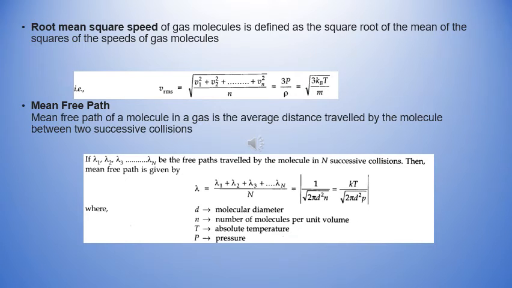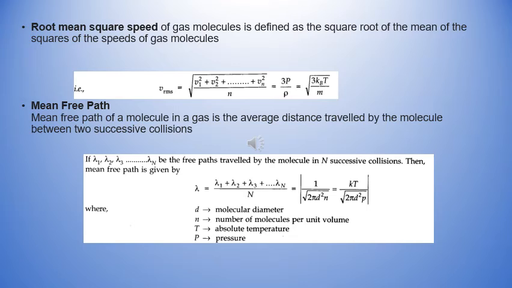Now we know that the pressure P is equal to 1/3 rho V square. So VRMS will be equal to the square root of 3P upon rho, which is also equal to the square root of 3kT upon m, where m, if we consider 1 mole of gas, will be the molecular mass.